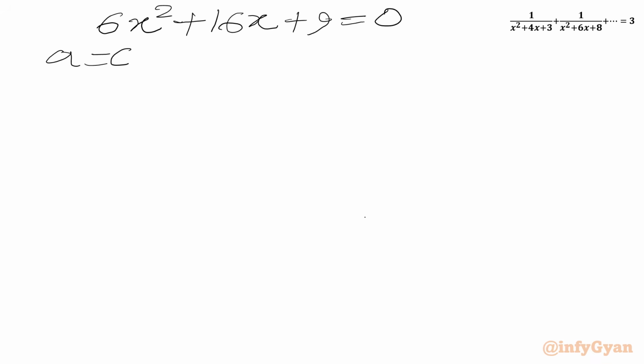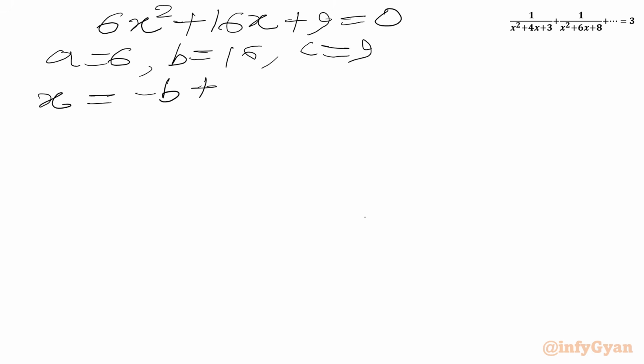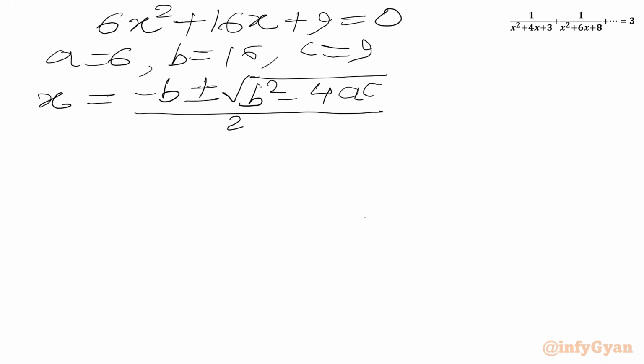A is 6, B is 16, C is constant 9. So I will write x will be equal to, as per formula, minus b plus minus square root of b square minus 4 times a times c over 2 times a. Let's put all the values of a, b and c.